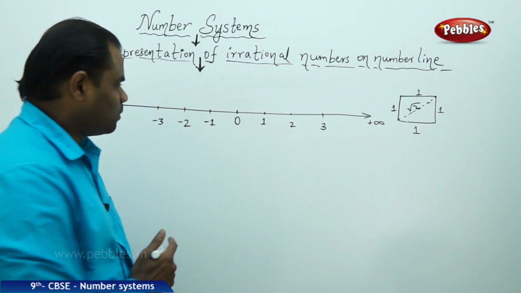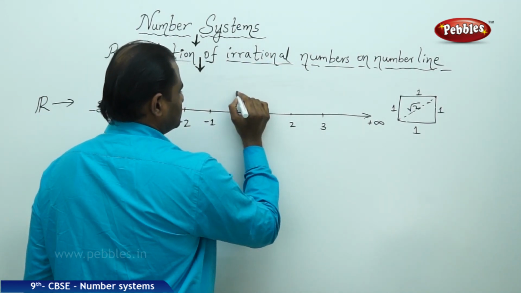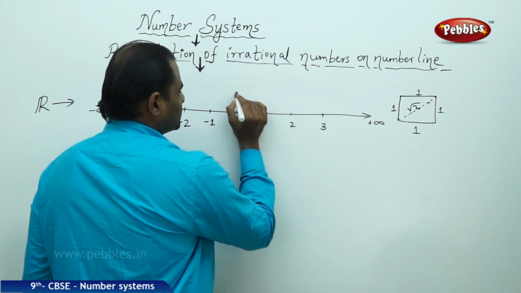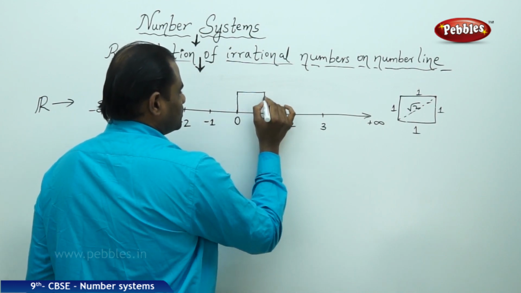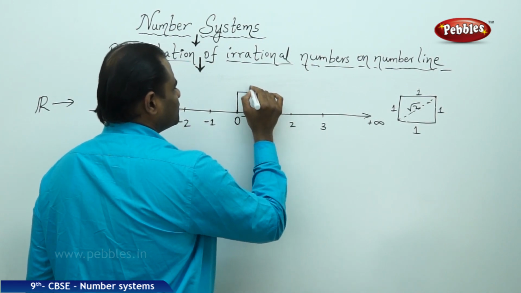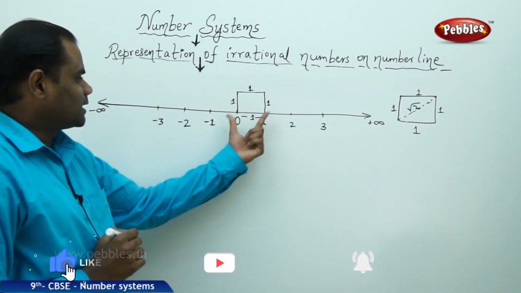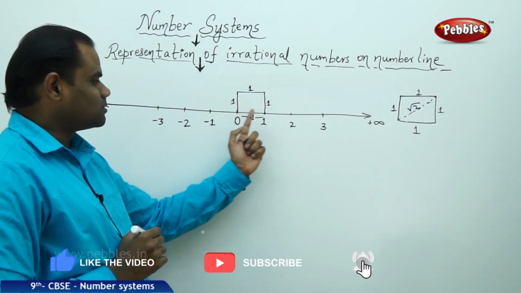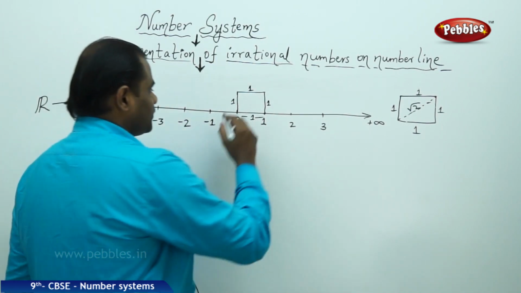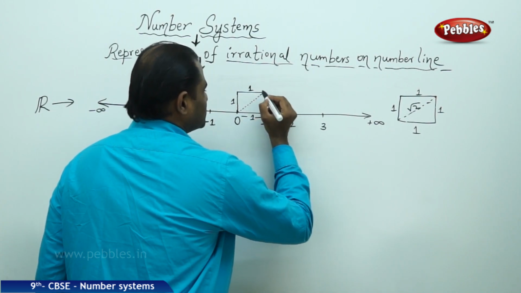In order to do that, I need to have this diagonal placed on this number line, which is possible by constructing a square of 1 unit. So here is 1 unit, so I construct a square of 1 unit on each side in this form. Once I construct a square of 1 unit starting from 0 to 1, that is a square built on the number line, I join this diagonal from one end to the other end.